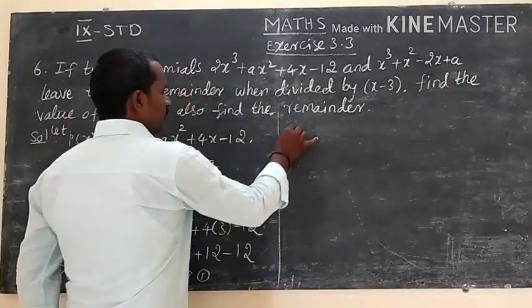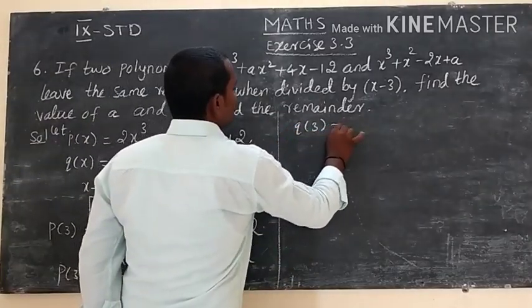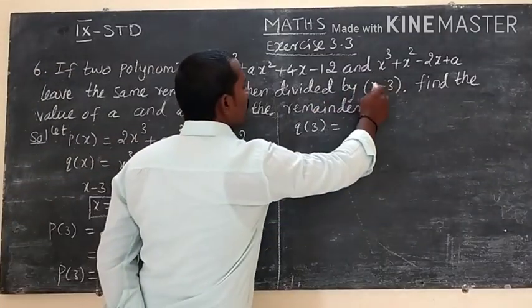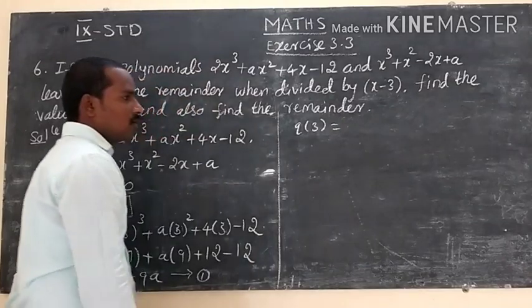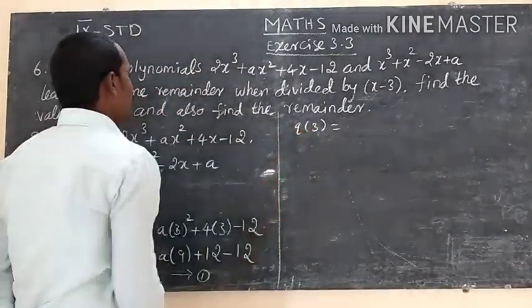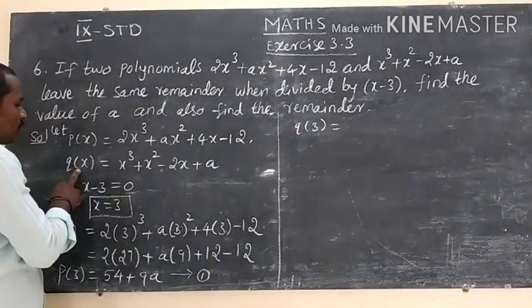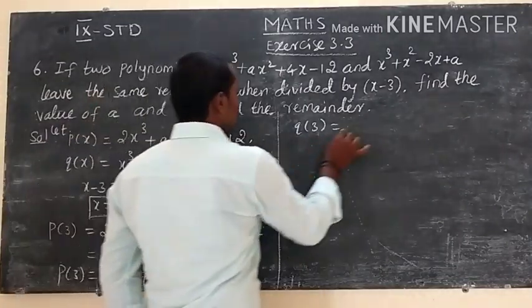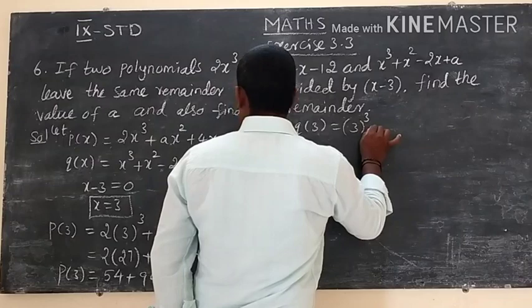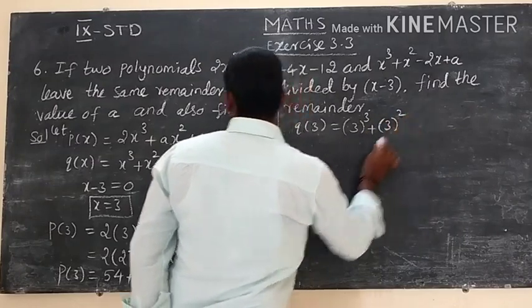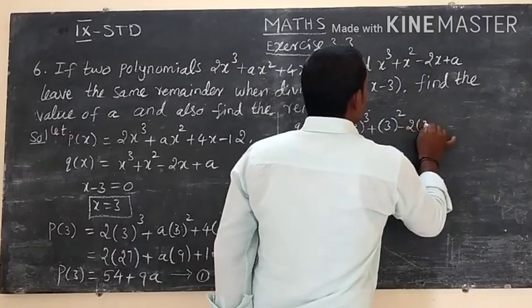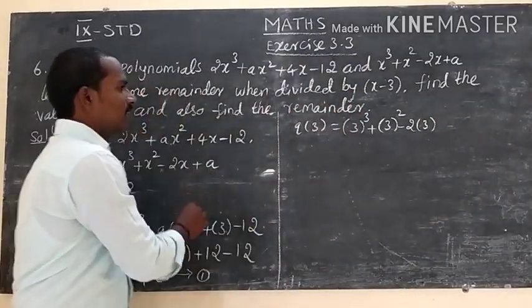Next, find the q of 3, because this is the common divisor of both the polynomials. This is the q of x polynomial: x cube, so 3 cube, plus 3 the whole square, minus 2 into 3, plus a.